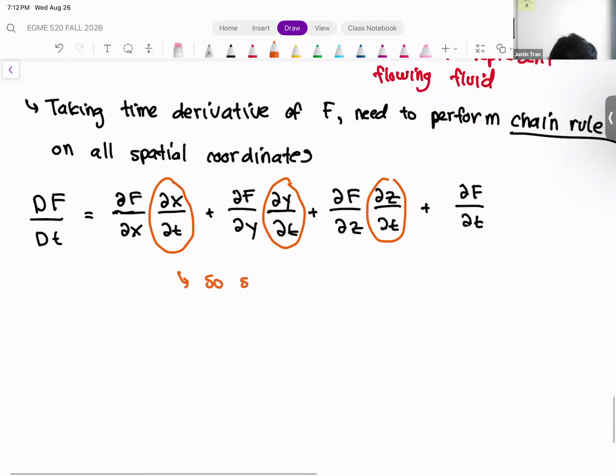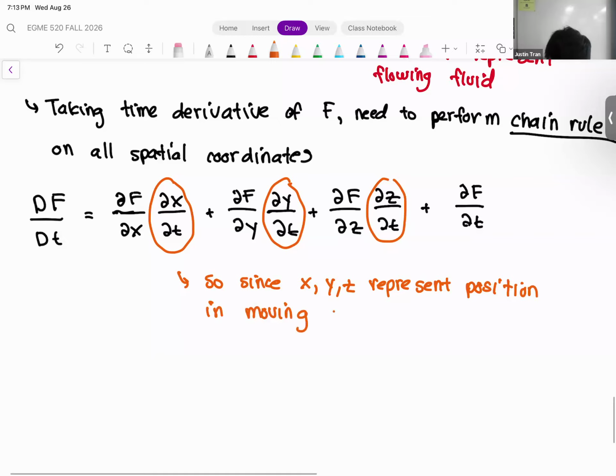So since x, y, z represent position in the moving fluid, again, due to our continuum assumption, which states as such, right?